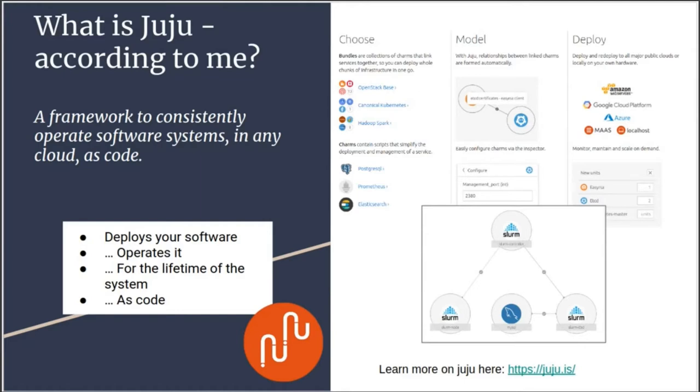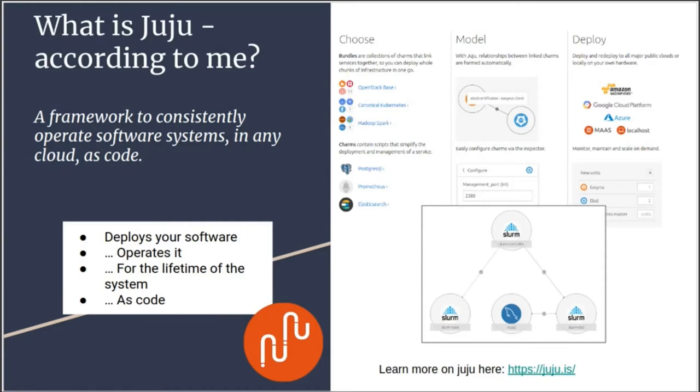There have been many attempts to describe this well, and there is a site dedicated to the purpose, which is juju.is. I would really recommend you visit that site, because I will not dive too deep into what Juju actually is, but to me, for the purpose of this session, it is a framework to consistently operate software systems in any cloud as code.